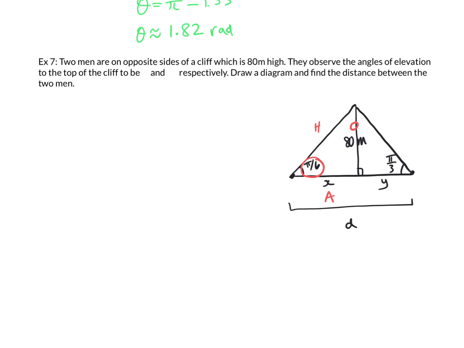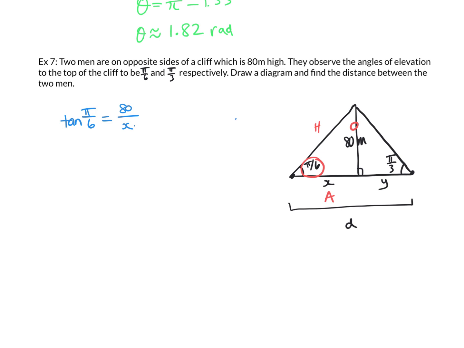The hypotenuse is useless because I don't care about it and I don't have its length. So I need to use opposite and adjacent, which means I am using tan. So tan of my angle, tan pi over 6, equals opposite 80 over adjacent x.